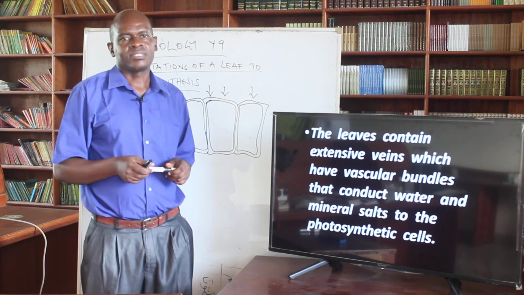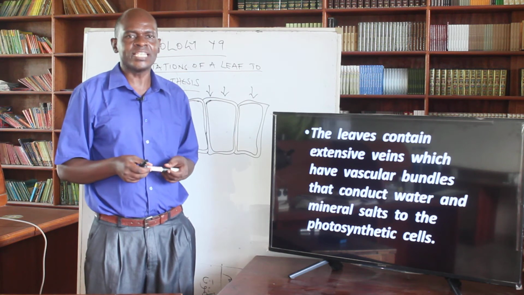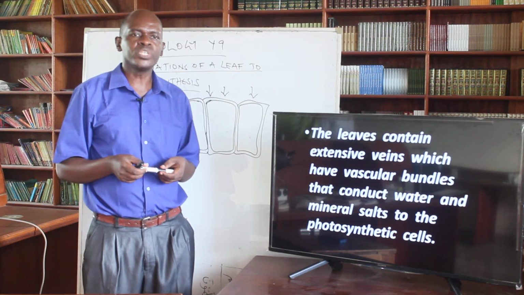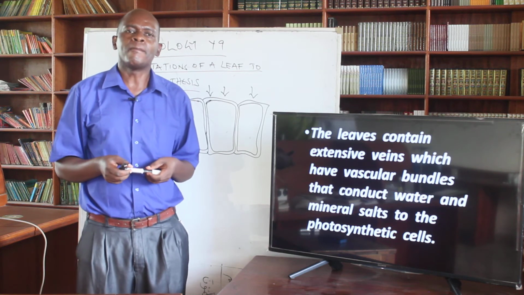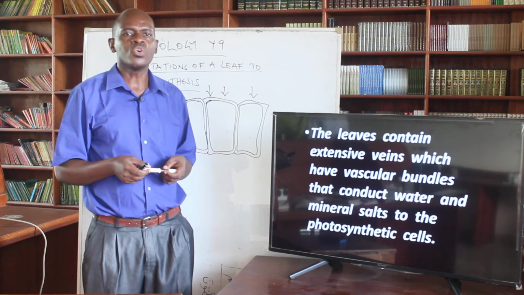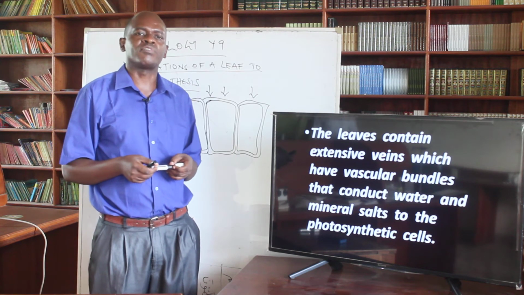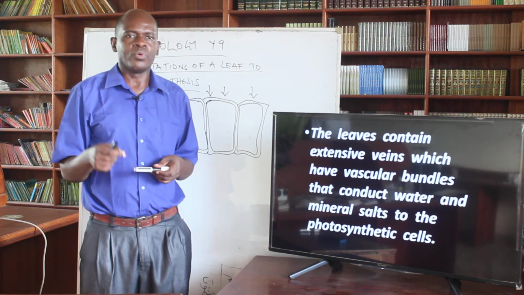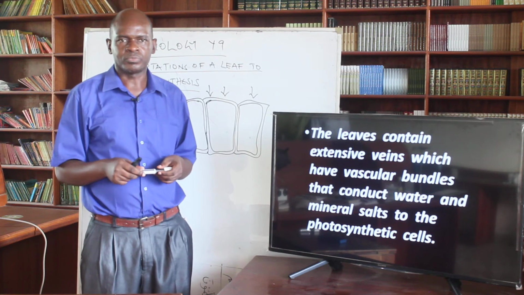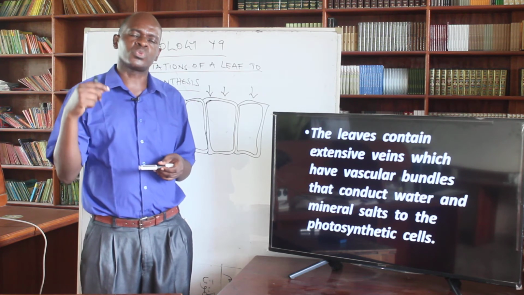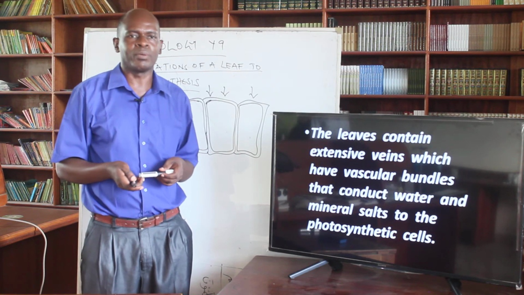The leaves contain extensive veins which have vascular bundles that contain water and mineral salts that are carried to the photosynthetic cells. Now, we have talked about the vascular bundles before, when we were looking at the xylem and the phloem.